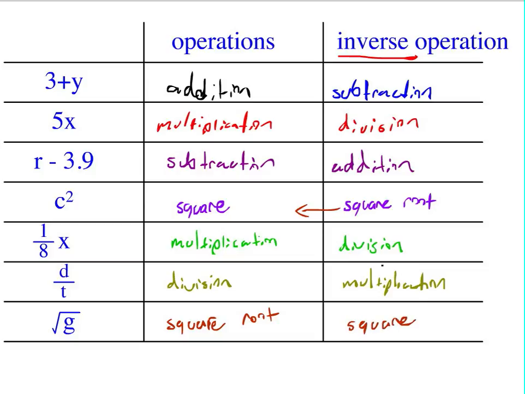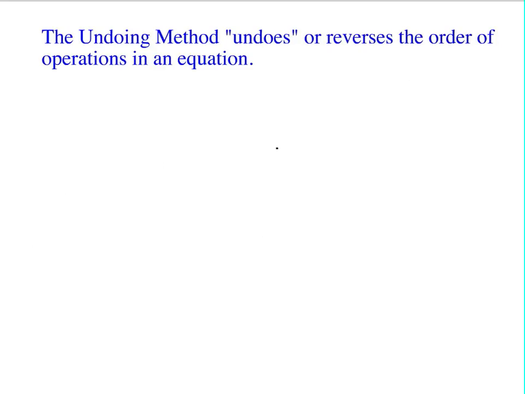Okay, so it's very important to identify the operations in an expression and to know what the inverse operation is going to be. Now, the undoing method undoes or reverses the order of operations in an equation, which, again, helps us solve for x or isolate x.